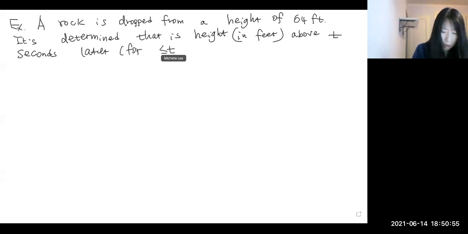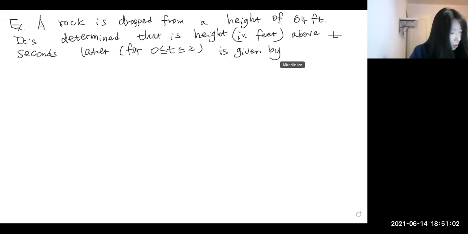T is between 0 to 2. It's given by position function S of t, which is negative 16t squared plus 64.